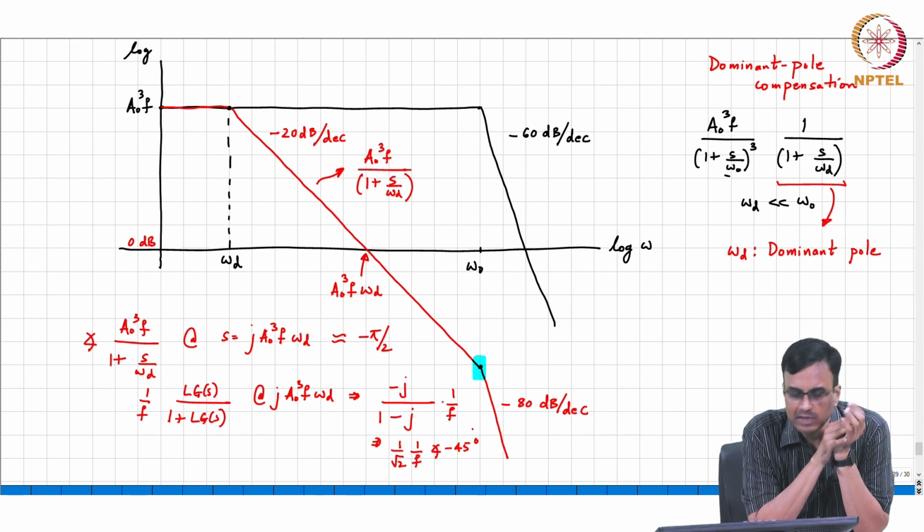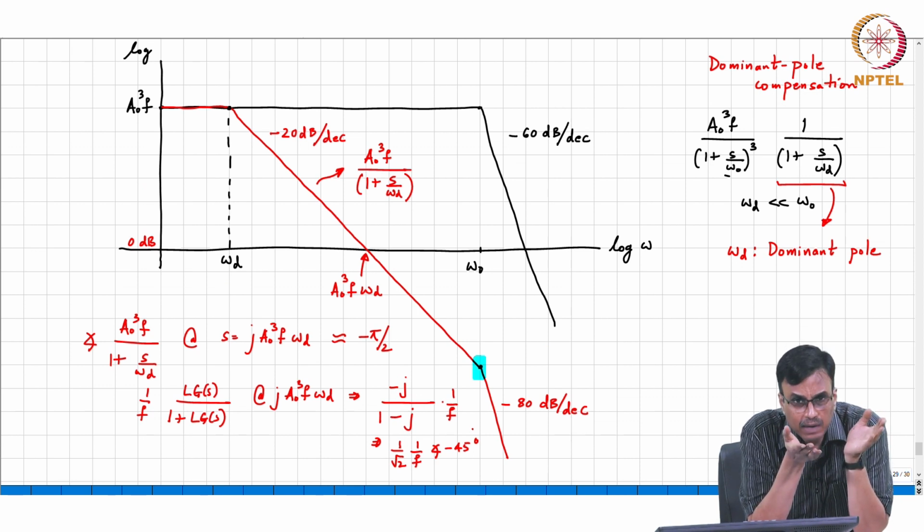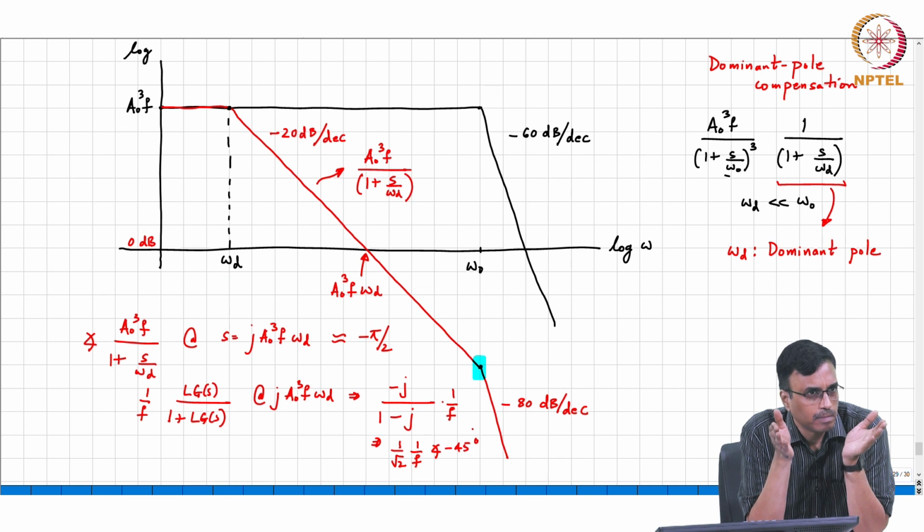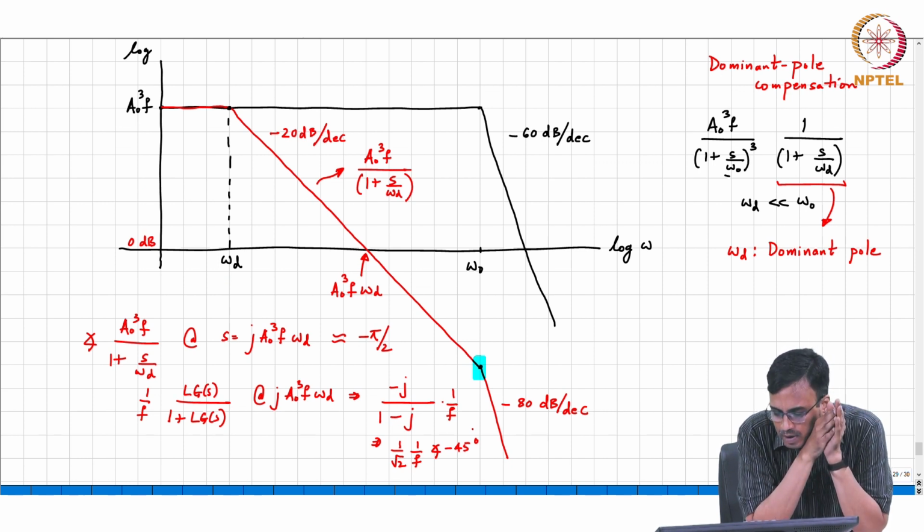So here we have the situation we wanted, namely the high DC loop gain corresponding to a third order system and the stability properties corresponding to a first order system. Now the question is, what have we lost in the bargain?